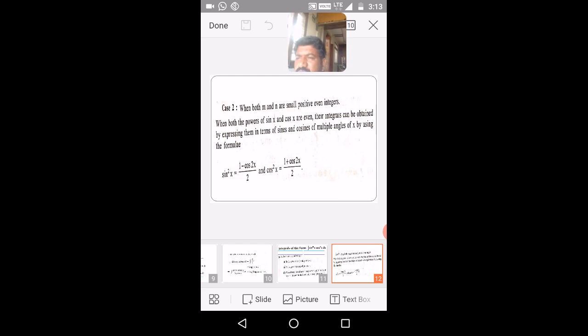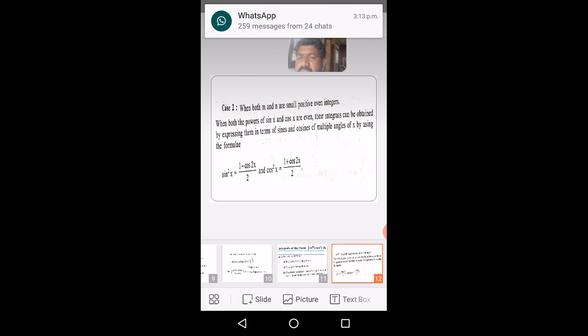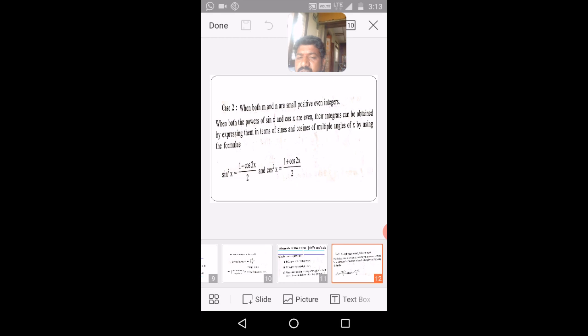So the third case: if both powers of sin x and cos x are even, their integrals can be obtained by expressing them in terms of sines and cosines of multiple angles of x using the formula. For example, sin square x is 1 minus cos 2x by 2, and cos square x is 1 plus cos 2x by 2.